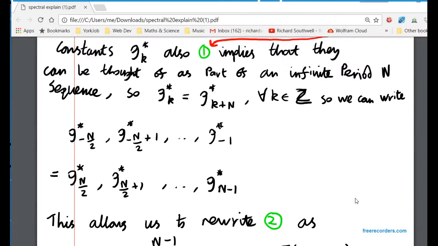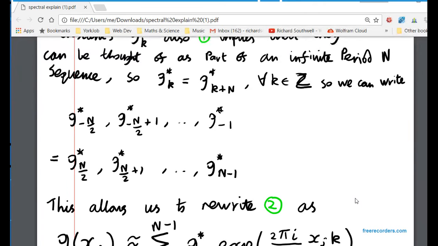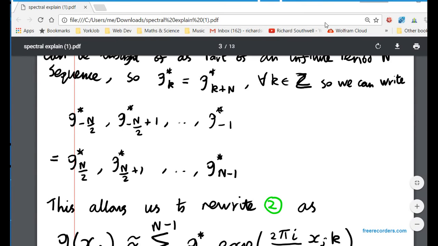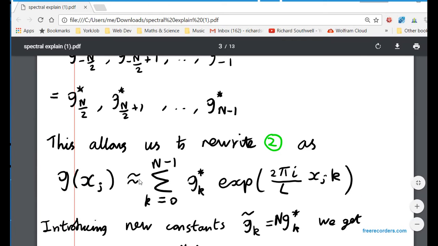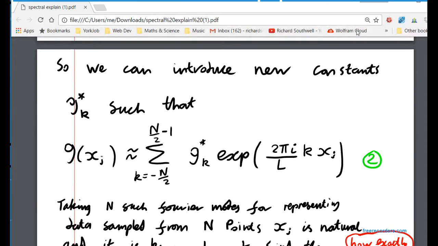What we're trying to do here is rewrite the formula so that we're summing from k is 0 to k is n minus 1, rather than from k is minus n over 2 to n over 2 minus 1.